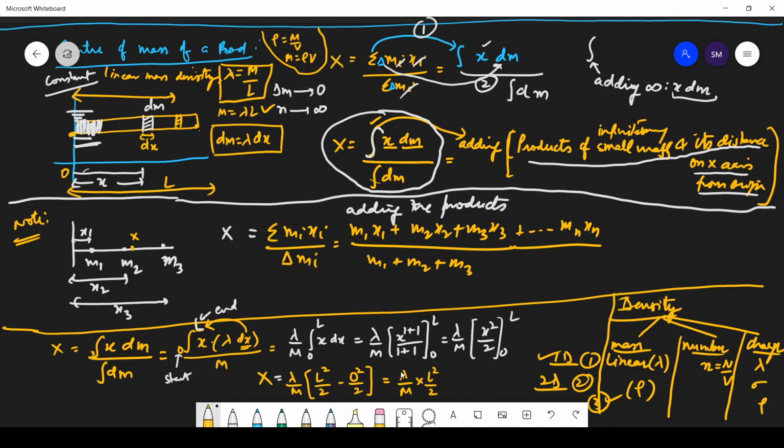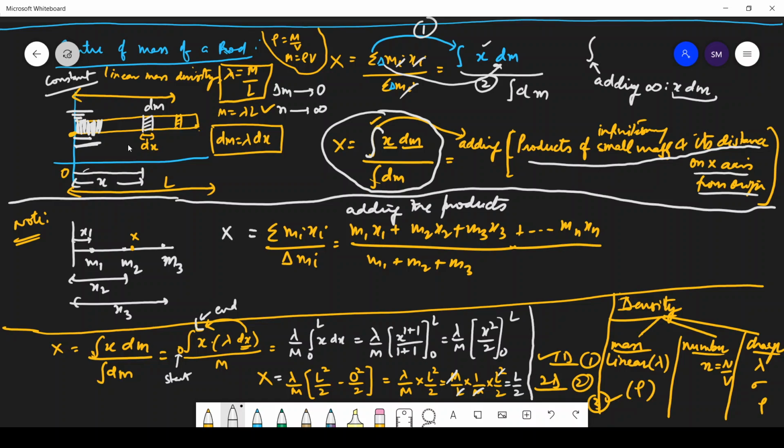Now what is lambda equal to? Lambda equals m by L, so put the value of lambda, so m by L into 1 by m into L square by 2. So this m will cancel out, 1 L will also cancel out, and you get the answer L by 2.